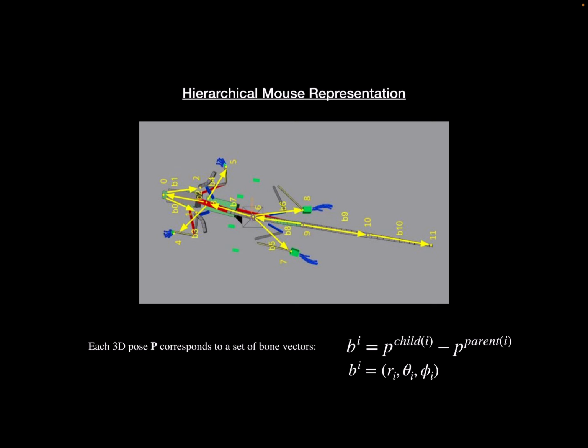If I have it in r, theta, phi form, and I slightly move phi, I'll get a different pose, right? But I know that it's a valid pose because my tail isn't stretching or something. I'm fixing the length and only changing the orientation. This is what we're going to do later. So for each 3D pose, capital P as pose, we'll be able to generate bones, and again from bones we'll be able to generate the poses as well.